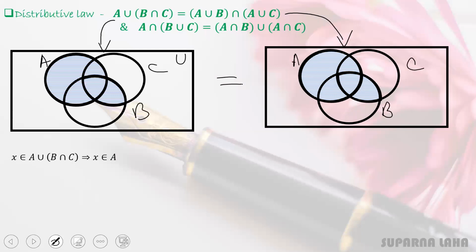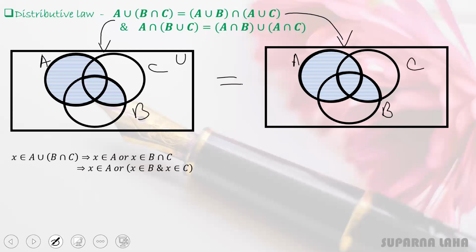So I'm taking here X is present in A union B intersection C, so in this LHS portion. So X is in A or X is in B intersection C. Now if it is present in B intersection C, that means X belongs to B and X belongs to C. Now look at that.